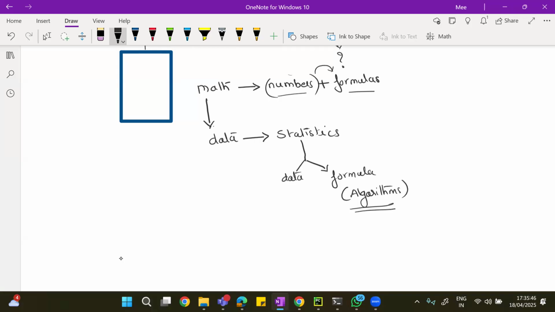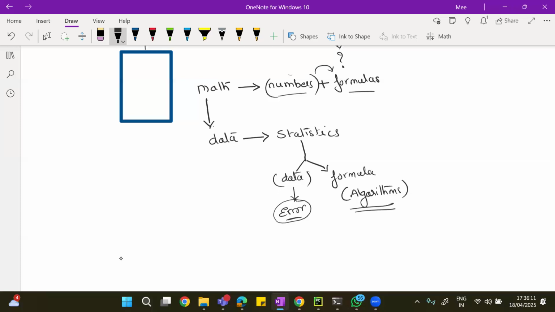But when we deal with data, data has errors. Before applying these formulas, we have to go through some steps, remove these errors, and make sure that the data is clean. That is the step-by-step process of implementing the statistical formula, called an algorithm.